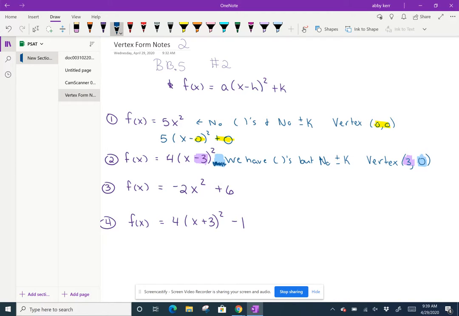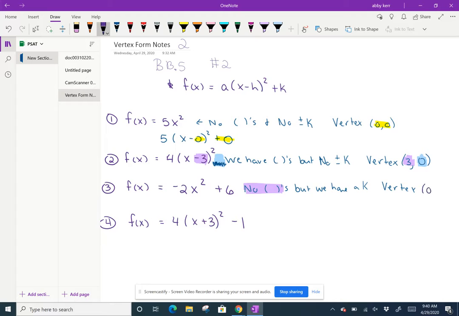Now for number 3, we don't have any parentheses, but we have a k. So our vertex, if we have no parentheses, what number means none?